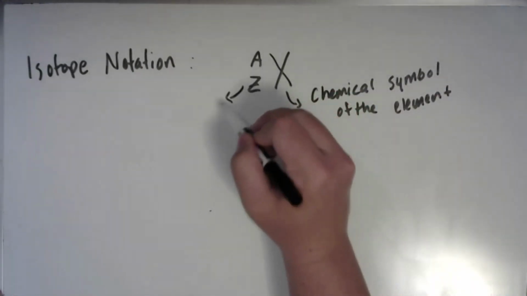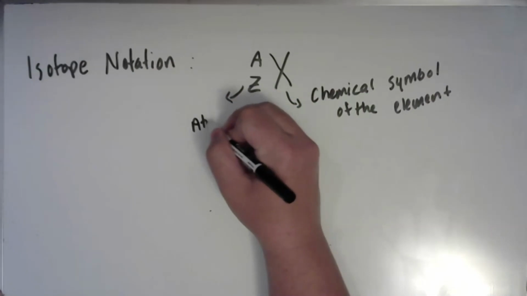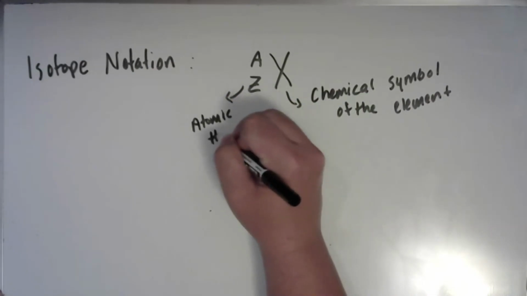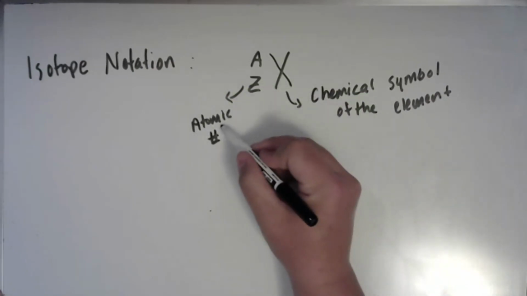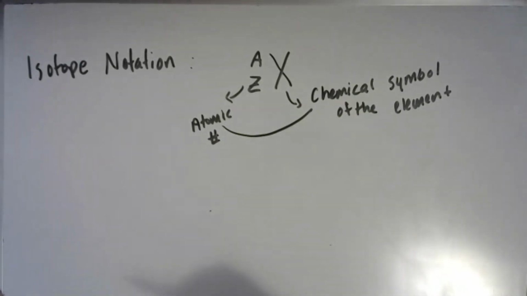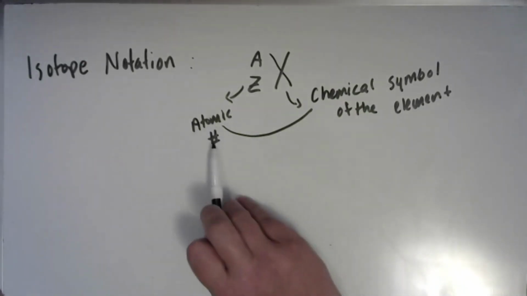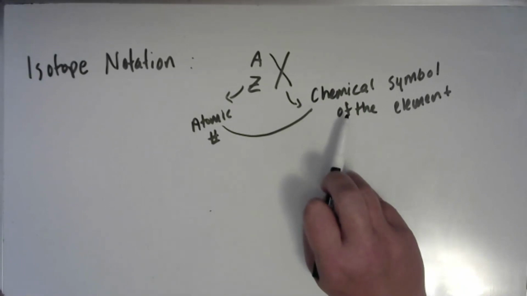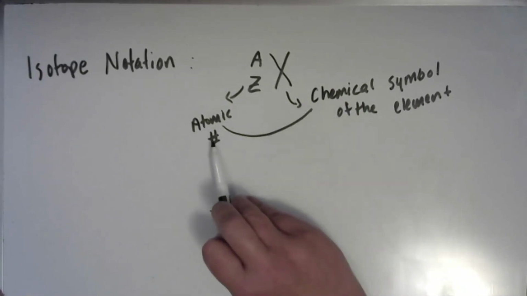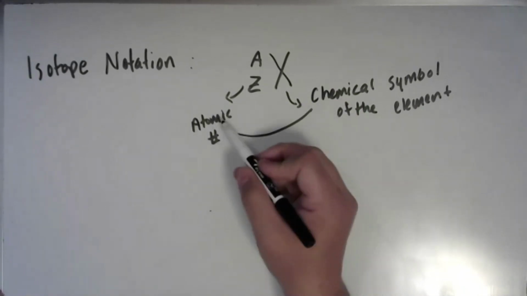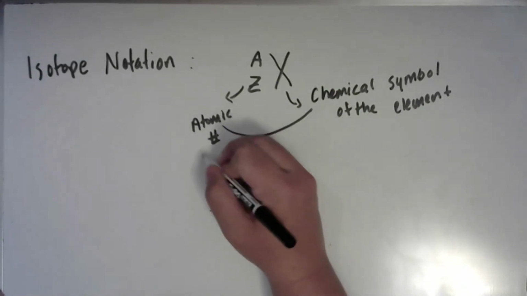The Z value is the atomic number. You're going to notice that these two values match up, because the atomic number tells you what the chemical symbol is, and the chemical symbol tells you what the atomic number is. The atomic number also represents the number of protons.